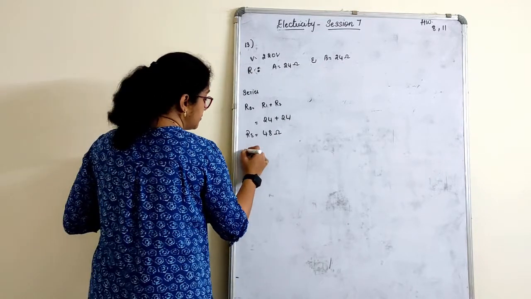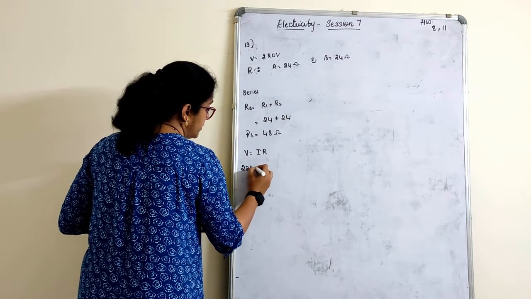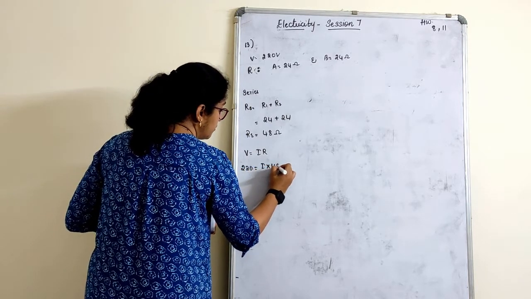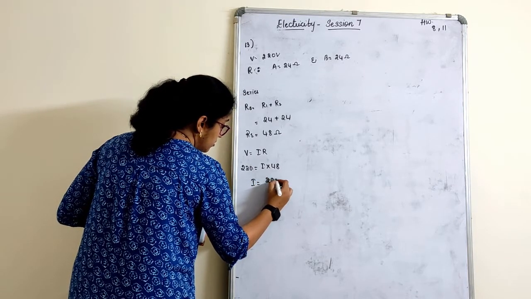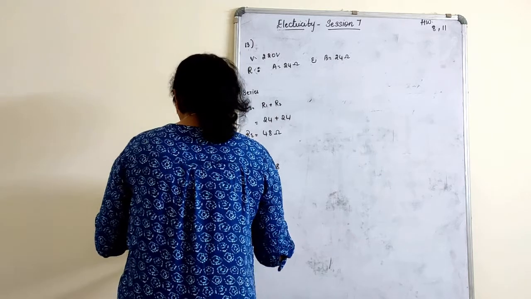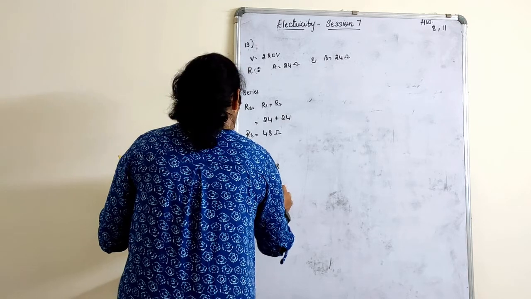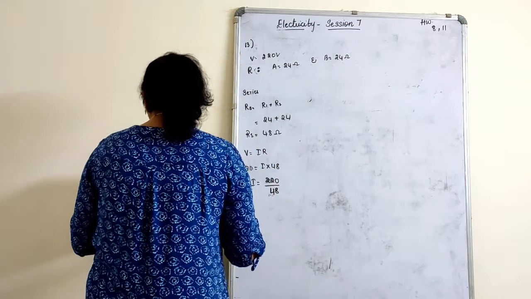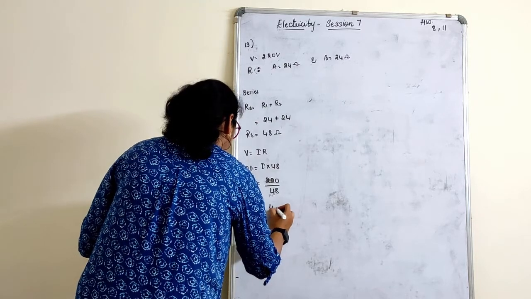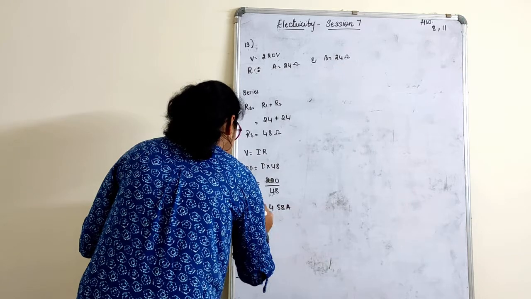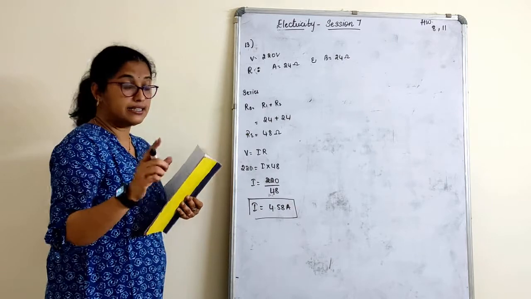Let us find the current. V is equal to IR, so 220 is equal to I into 48. I is equal to 220 divided by 48, which is 4.58 amperes. So this is the current if it is connected in series.